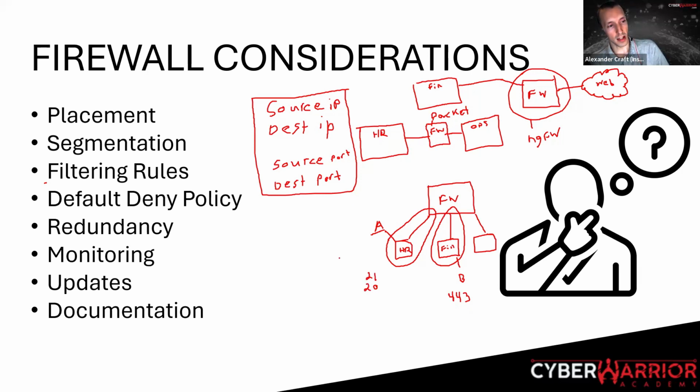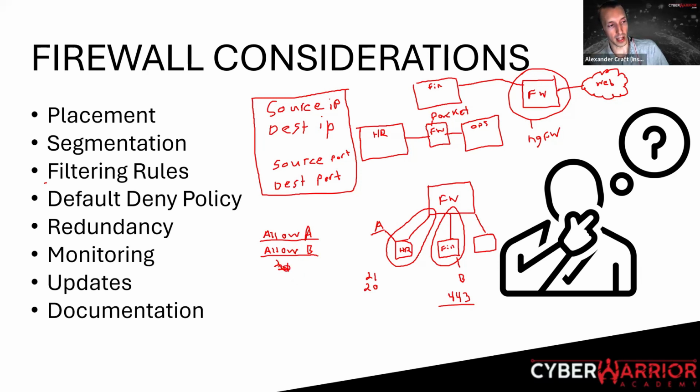So if I was to create a rule set on this firewall, I would have to take the source IP, let's say allow IP A to go to the destination. So we're going to allow IP B. So we're coming from A, going to B, using a source port of 21, but that 21 is actually going to change once it gets to the firewall, or something like that.